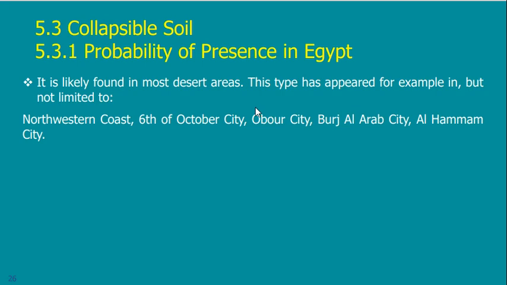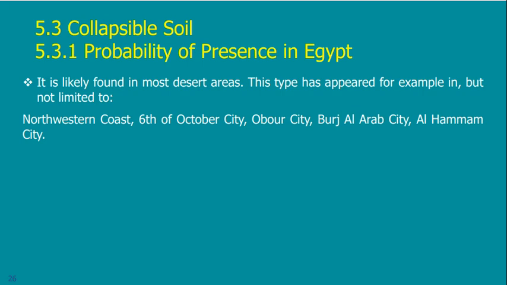So now you expect to see problems in any new area. You have to check, is there this type of soil or not? It will not be layers, it will be something like, in Arabic, like a strip.